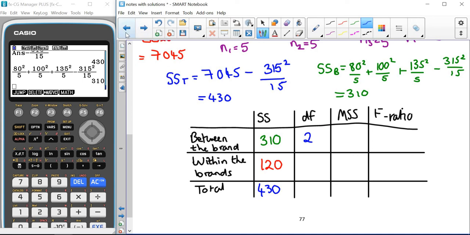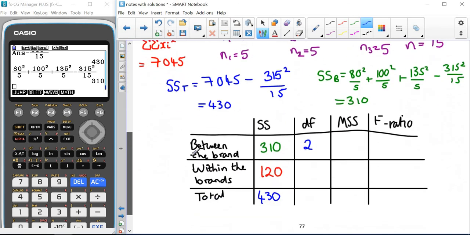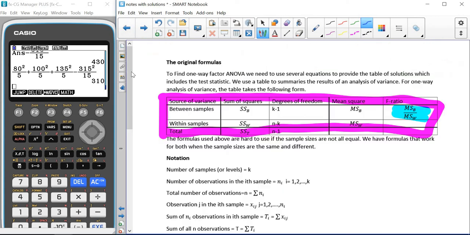For within the brands, it's n minus k. So we have 15 items in total. We have 3 brands. 15 minus 3 gives us 12, which gives us a total of 14. And if we have a quick check back, we can see that that lines up with this ending up being n minus 1. So we've done that correctly.